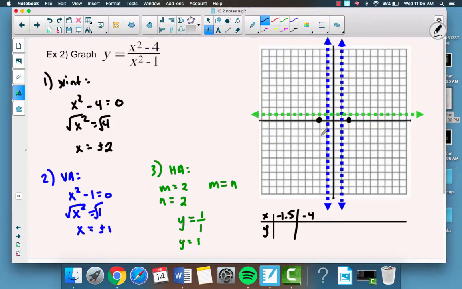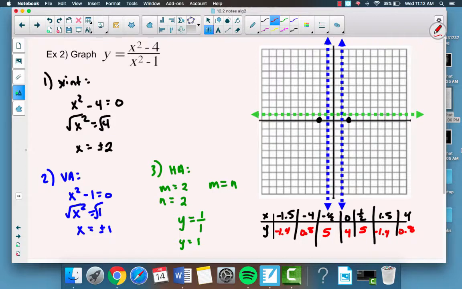Just make sure I have a couple points over on the left. Then I need to pick a couple in the middle, so maybe negative 1/2, 0, and 1/2. And then on the right side, maybe positive 1/2 and maybe positive 4 or 3. It doesn't really matter, as long as I've got some points to the left, in the middle, and the right, then that's all I really need.